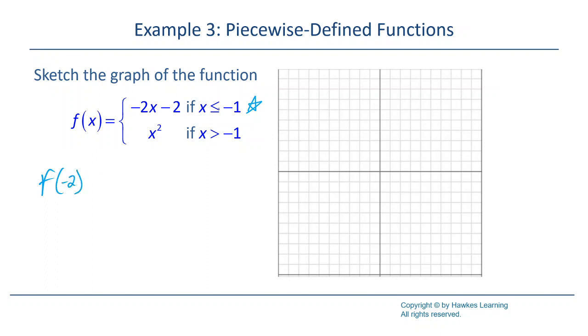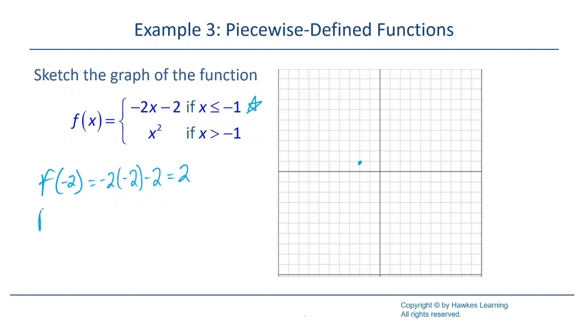Because I'm less than or equal to negative 1, I use this function in my evaluation. So I do negative 2 times negative 2 minus 2, which is positive 4 minus 2, which is positive 2. So here's negative 2, and I'm here at positive 2.